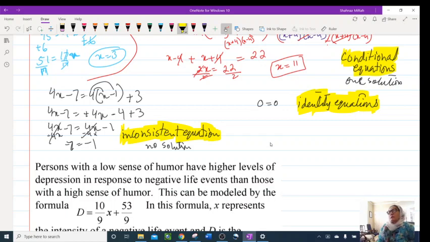An equation that is true for all real numbers is called an identity. Like for example, 0 equals 0, or 9 equal 9, or 7 equals 7, or -7 equal -7, whatever. You get both sides of the equation exactly the same number, which is a true statement, and it will be an identity equation, and it means you have infinite solutions.